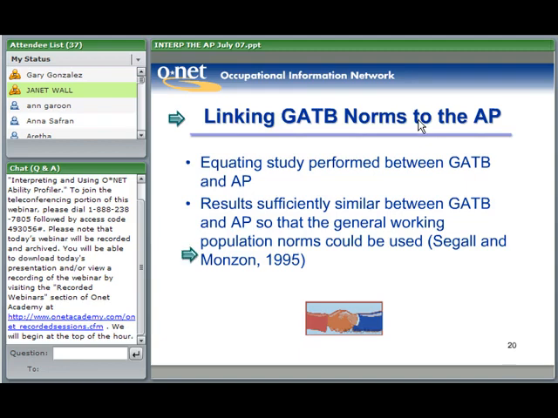In fact, I've worked with these people before. Siegel and Monzon are considered national experts in the field of equating. What they found through their equating studies is that the results between people taking the GATB and those taking the ability profiler were so similar that you could actually utilize the norms for the general working population that I just described.